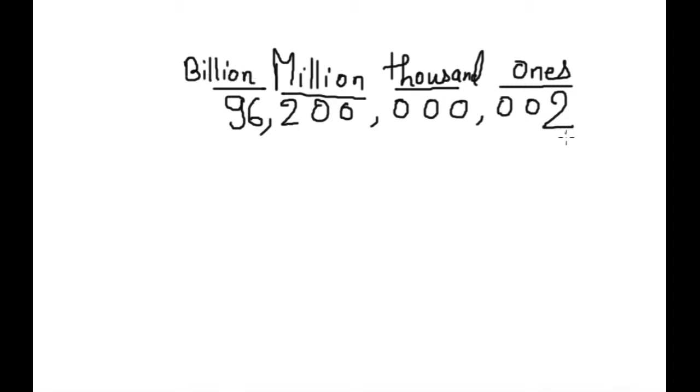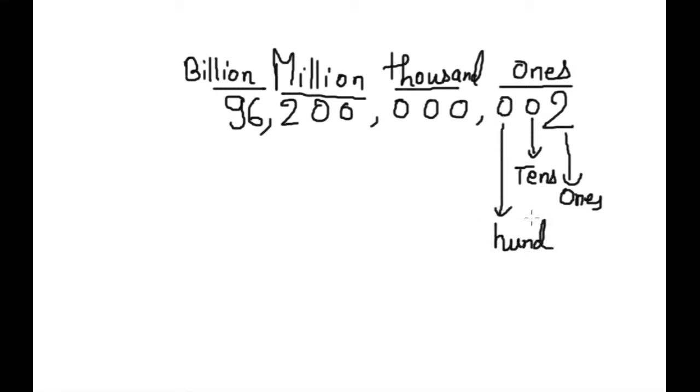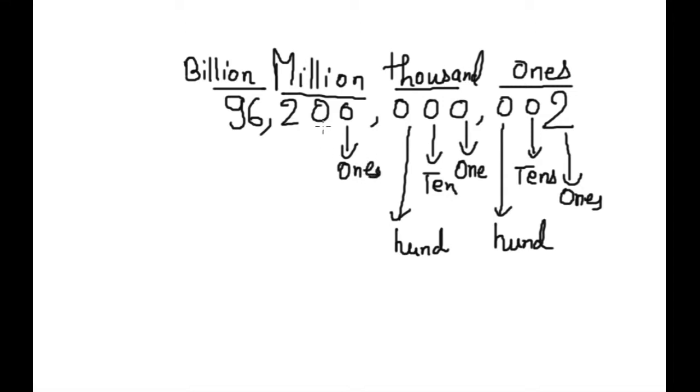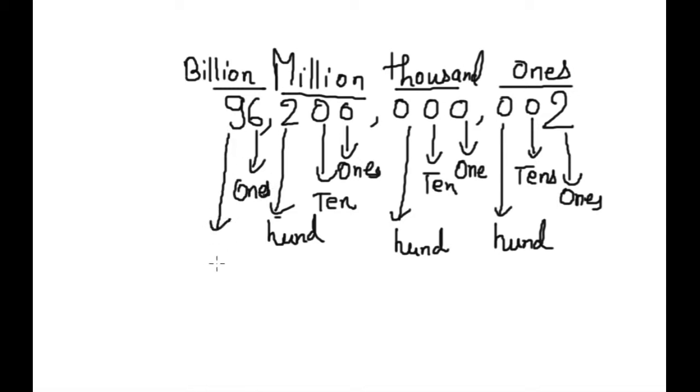Now come to place value. This is ones, tens, and 100. Again ones, tens, and 100. Again ones, tens, and 100. Again ones, tens.